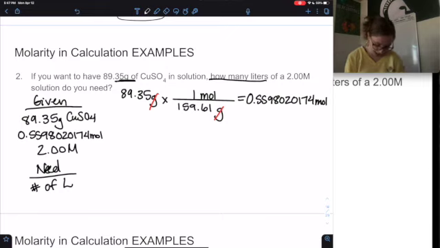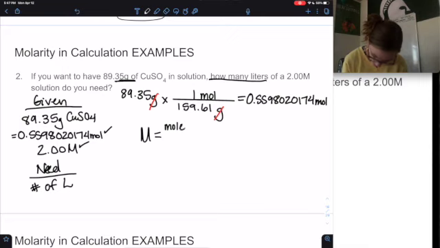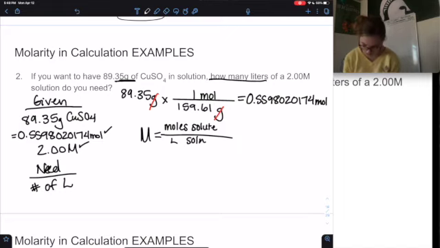So I have moles, check, molarity, check, and I'm looking for liters. I am on the right track. So let's plug into our equation and solve. Molarity is always moles solute divided by liters of solution. Molarity in this case was given as 2.00 molar.